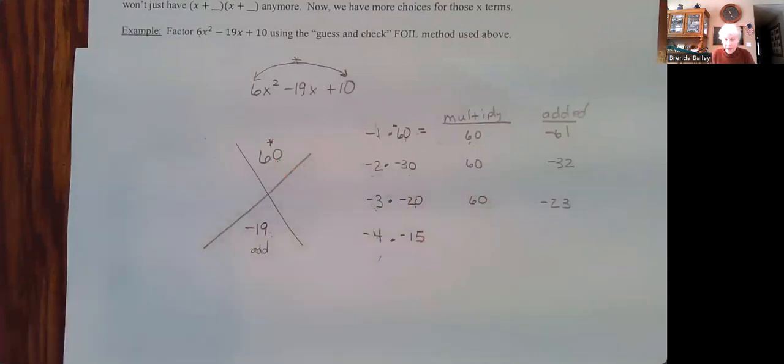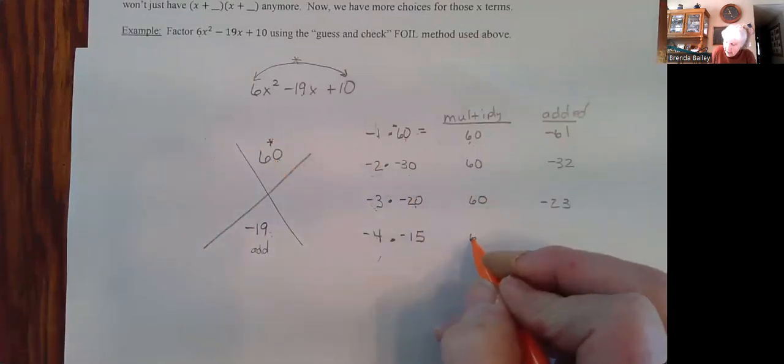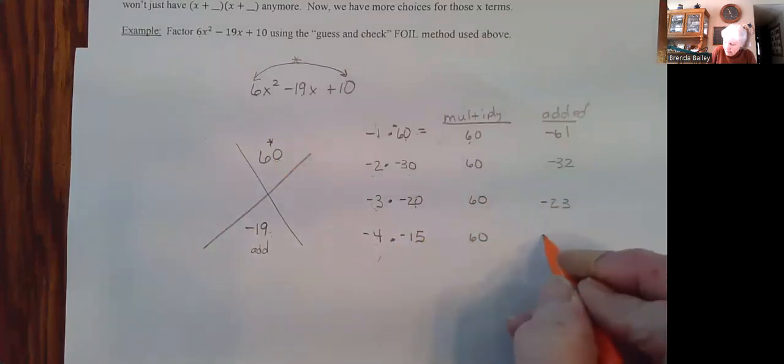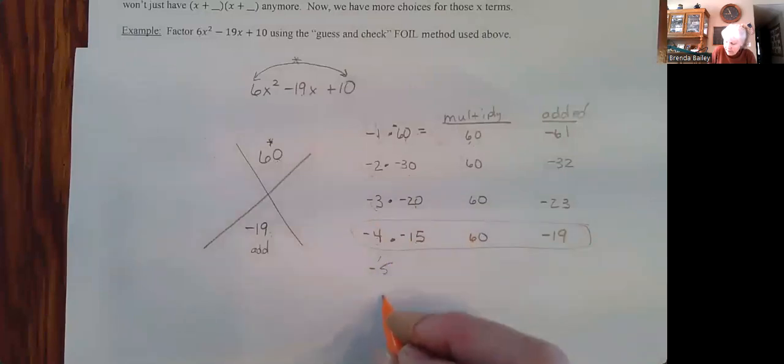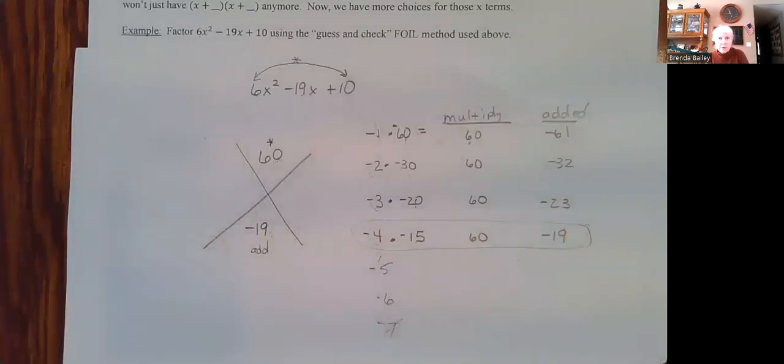When I multiply those, I get 60, and when I add them, I get -19. We can stop now. Otherwise, I would have done -5, -6, -7 wouldn't have worked, then -8, which also wouldn't have worked. We just keep going down the number line until you find the multiplication and the adding.